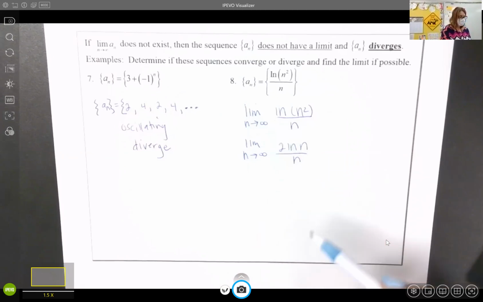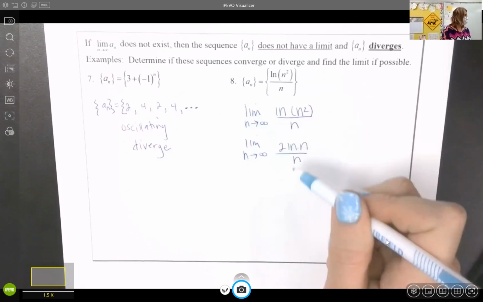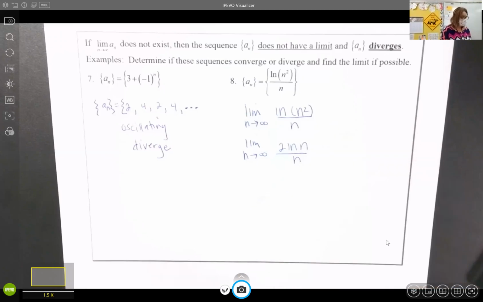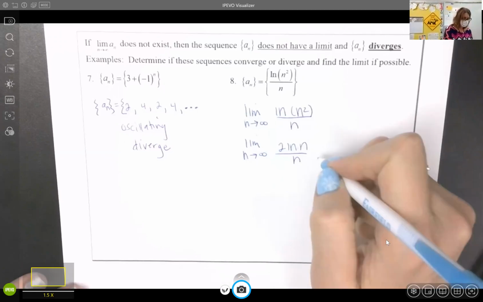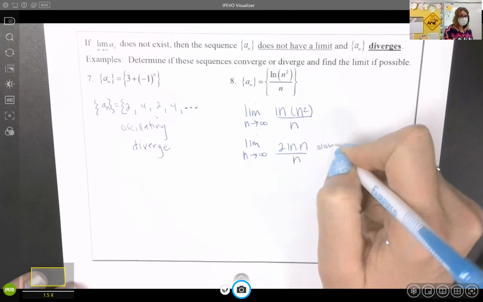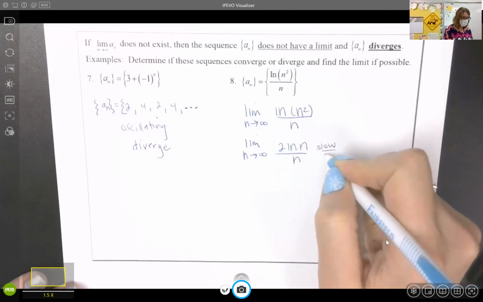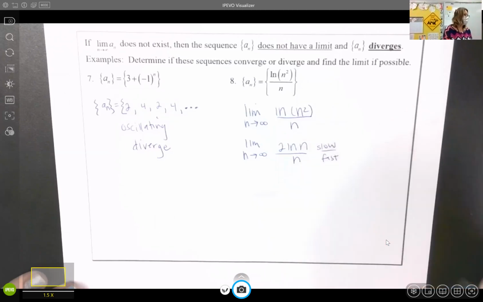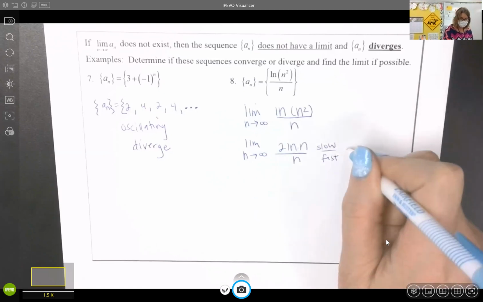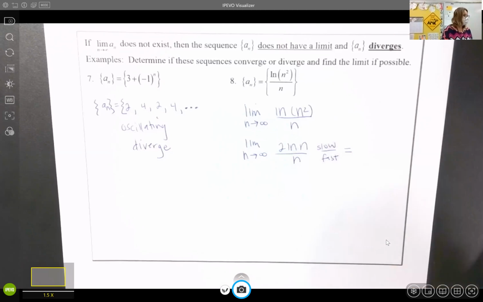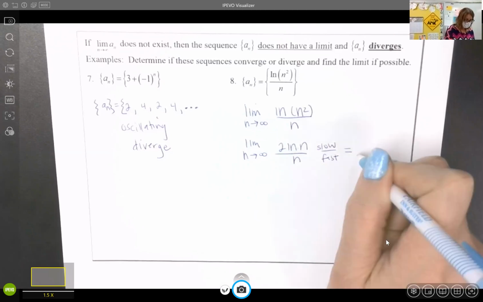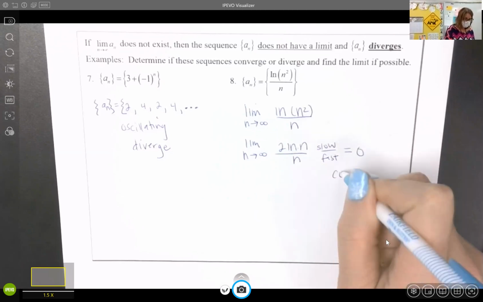So I'm basically doing a natural log over a linear. Which one's faster and which one's slower? This is slow, right? And this is faster. So we write fast, even though it's not super fast. So what's that limit going to be? Slow over fast, what does it go to? 0. And that converges.